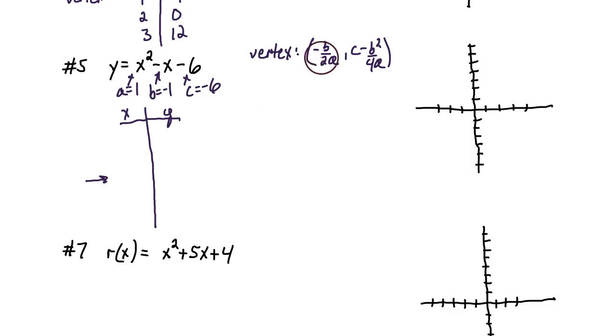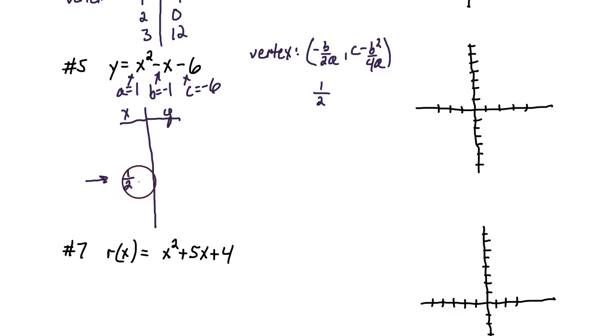To get the x-coordinate, we're going to use negative b over 2a. Well, b is negative 1, so the negative of negative 1 is positive 1. And a is 1, so 2 times 1 is 2. The x-coordinate is a half.